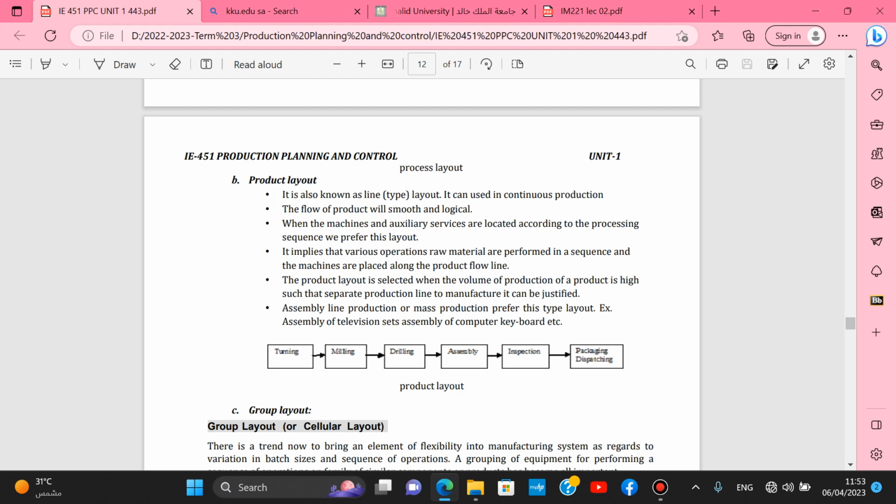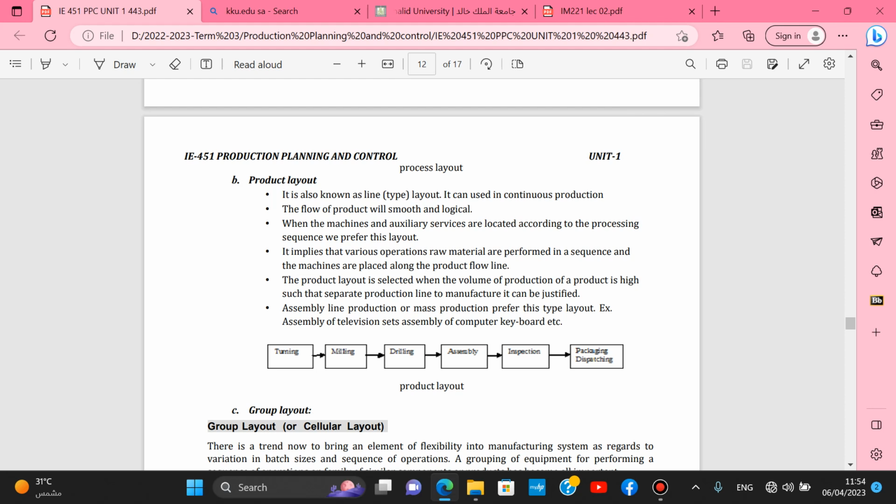It can use it in continuous production. نستعملوها في continuous production يعني like flour production, water purification production, etc. The flow of products will smooth and logical. When the machines and auxiliary services are located according to the processing sequence, we prefer this layout.